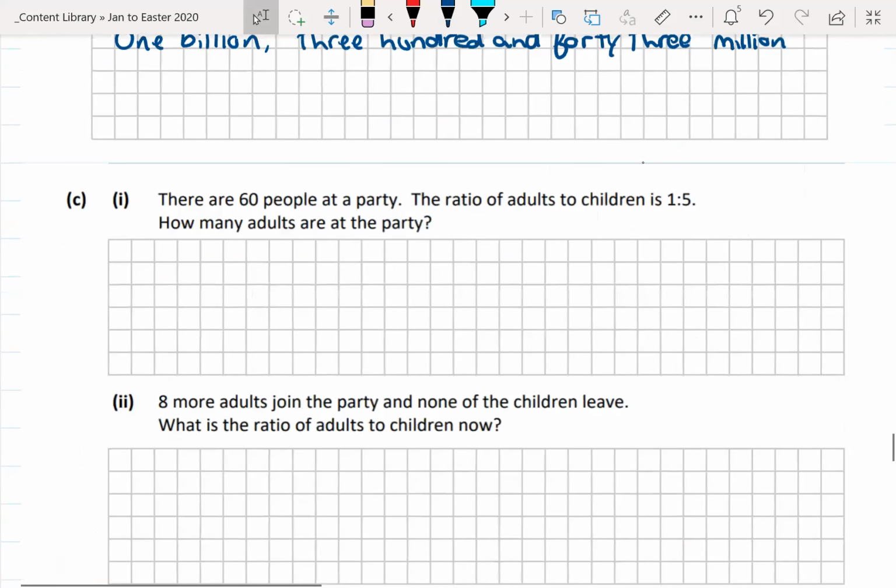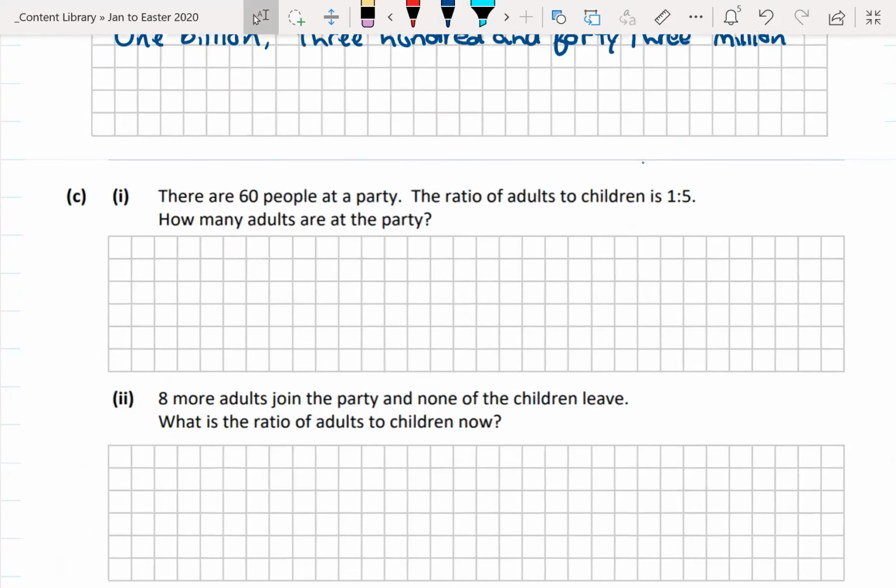Okay, there are 60 people at a party. The ratio of adults to children is 1:5. How many adults are at the party? So it must be a children's birthday party or something, because there are a lot more children here. We want to find out how many adults are at the party. Well, we've had ratio before.